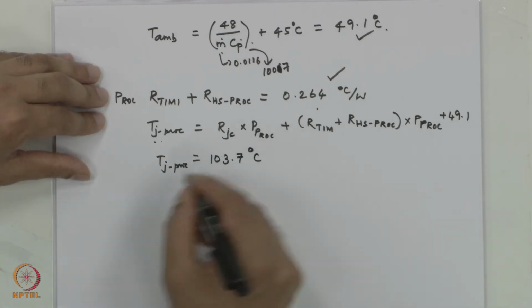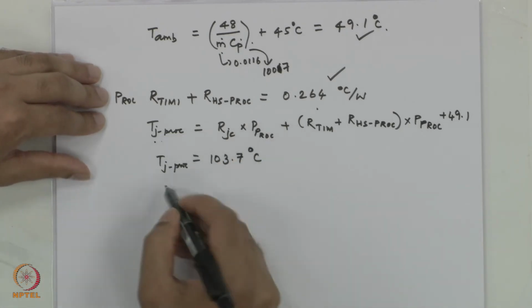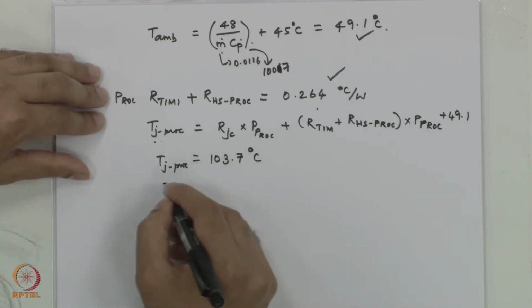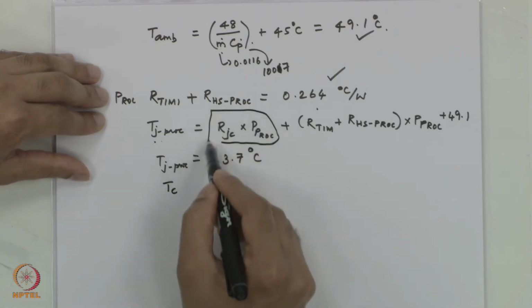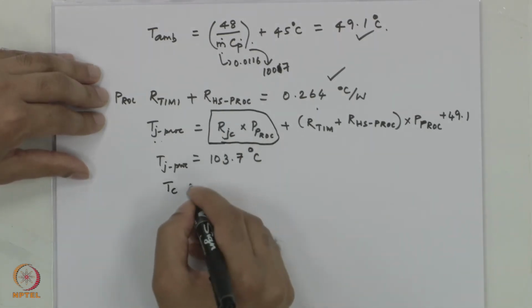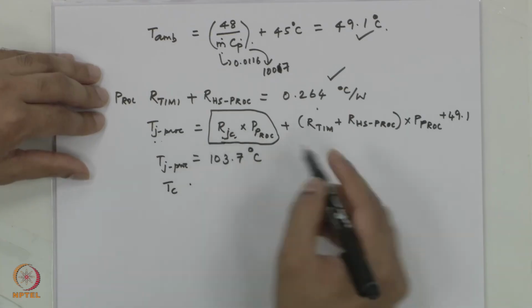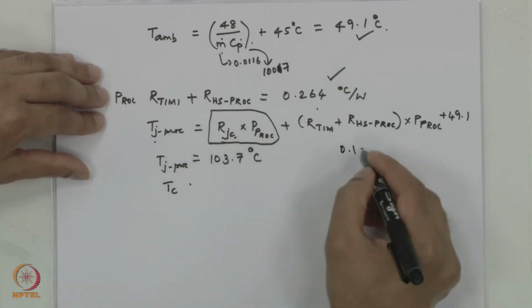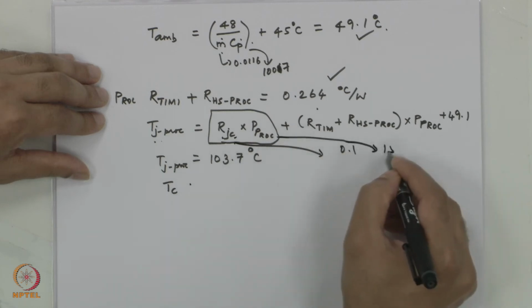Because we are interested in figuring out the case temperature, we calculate it by subtracting the RJC term. RJC is already given as 0.1, and the power is 150 watts.